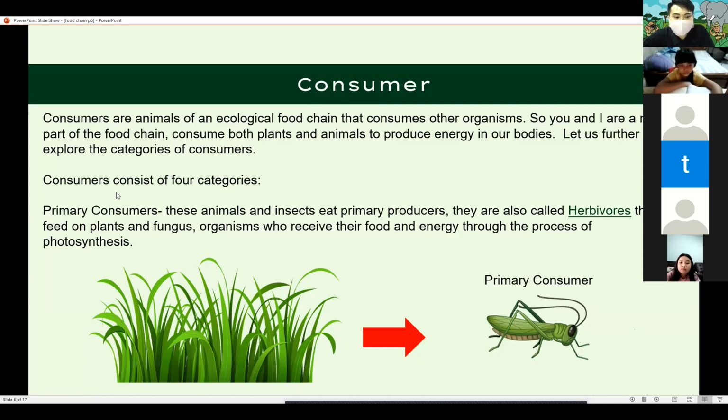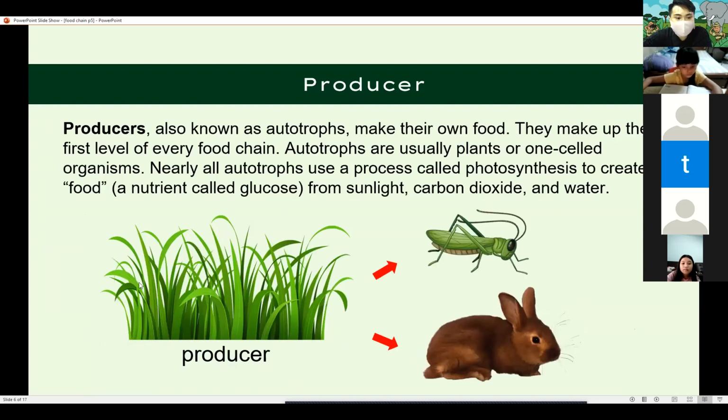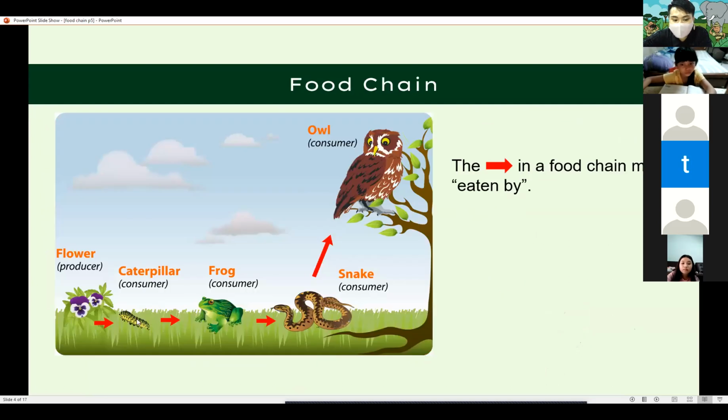Now, consumers consist of 4 categories. There are 4 categories to remember. We have what we call primary consumers. If you say primary consumers, these animals and insects eat primary producers. They are also called herbivores. So they eat plants only. So if you look at this picture again, caterpillar is number 1.